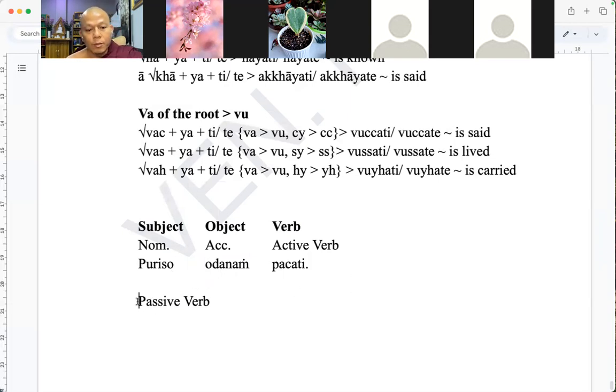If the verb is passive, at that time the subject will be with the instrumental case, and the object will be with the nominative case.